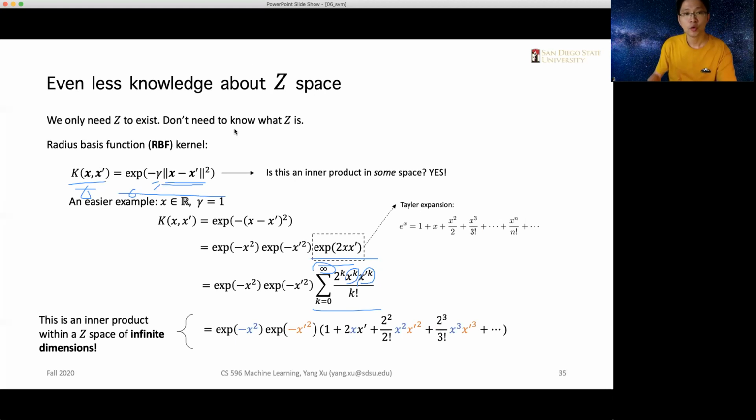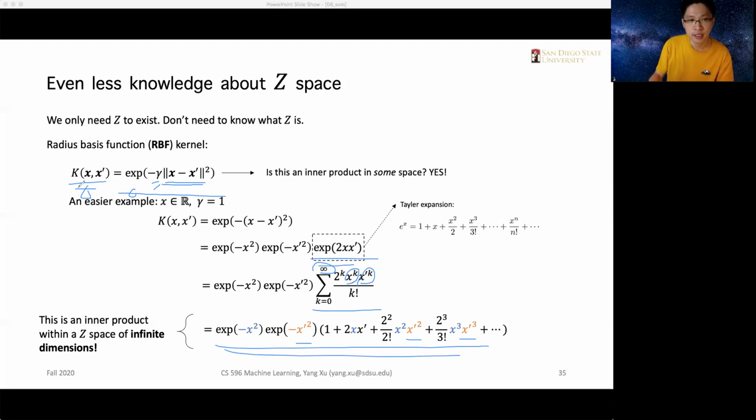Okay, so with so much complex math here, with the Taylor expansion, with the different highlight colors here, what I want to show is that this is no more than some inner product. But we don't need to know what kind of Z space it is.